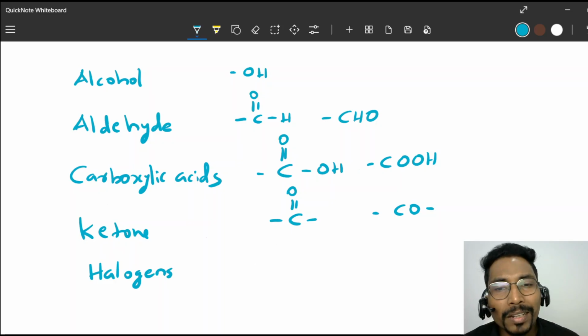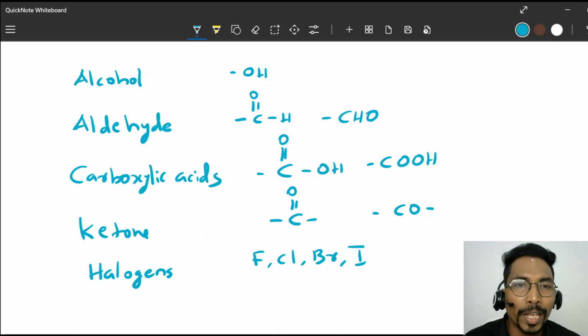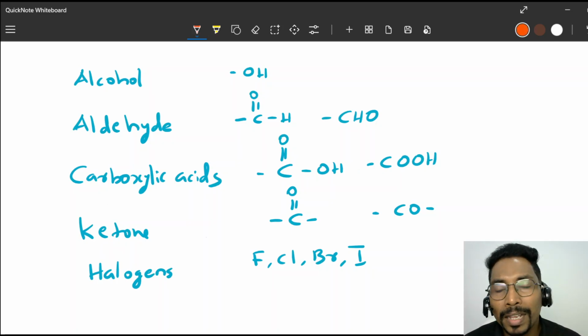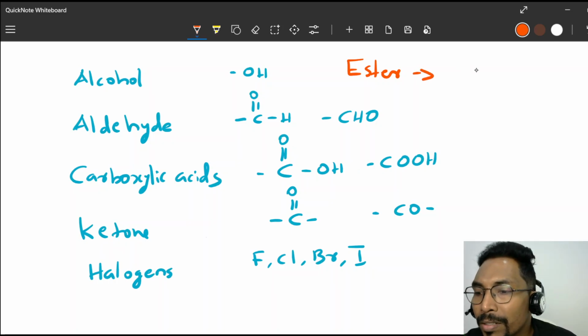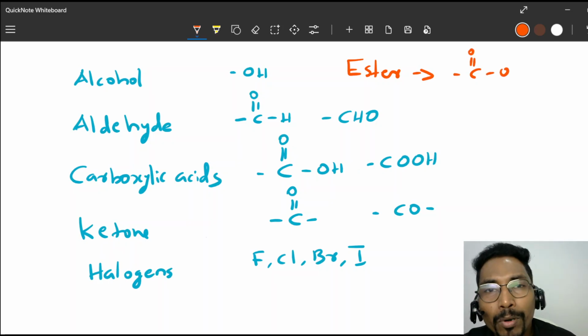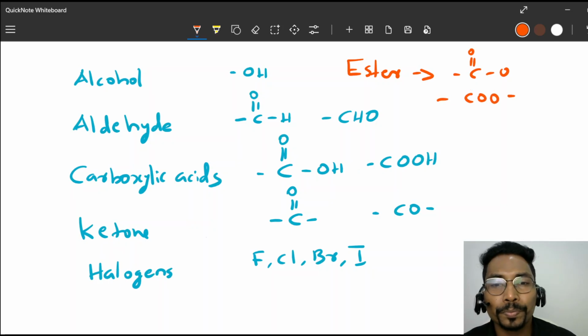The main elements in the halogen group are fluorine, chlorine, bromine, and iodine. Then one more important functional group is ester. The ester group is C double bond O O, or you can simply write COO.